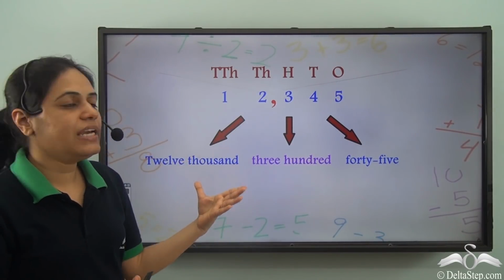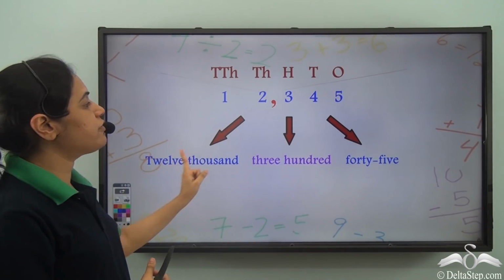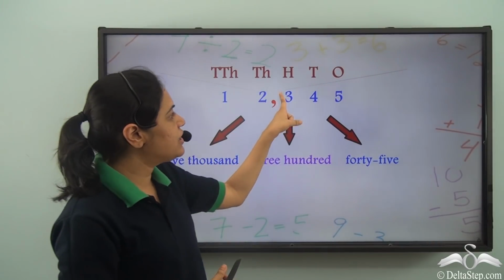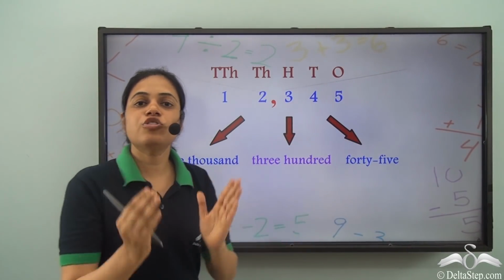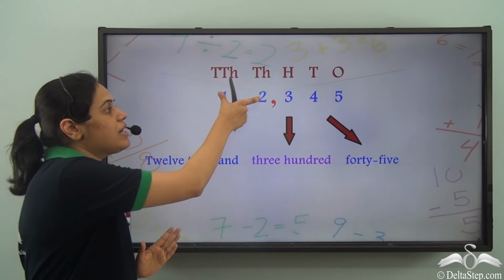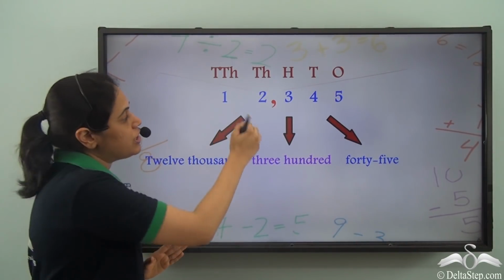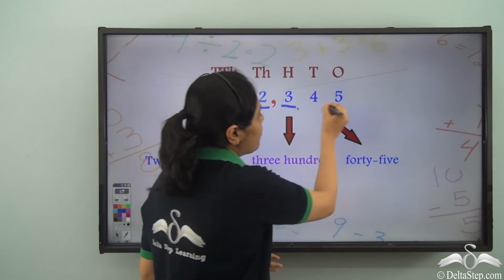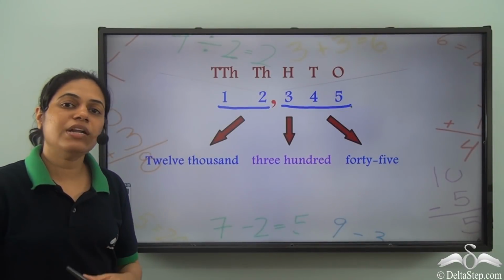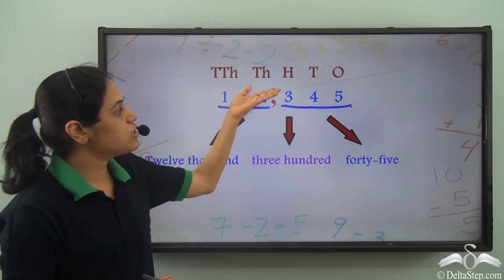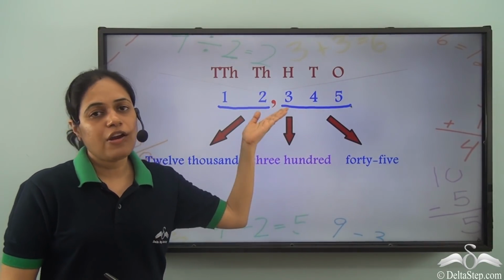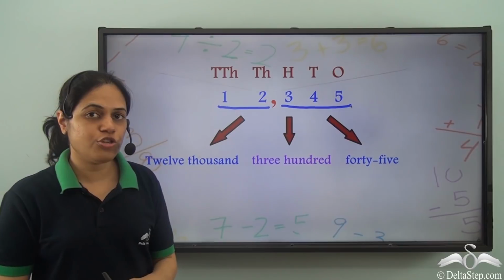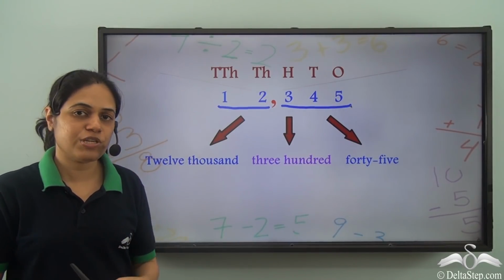So immediately I can say that it is 12,000 and then 345. The part before the comma is the thousands part. So this comma actually separates the thousands part from the digits on the right. So 12,345. Now you may or you may not use this comma. It is optional.